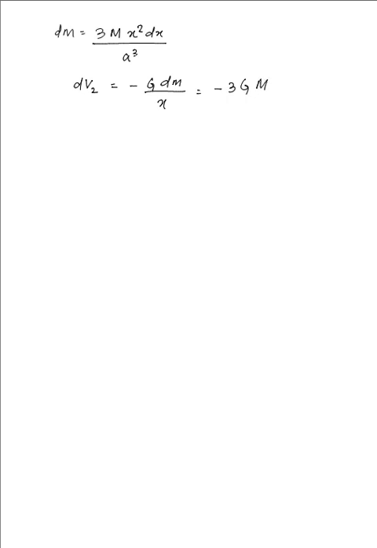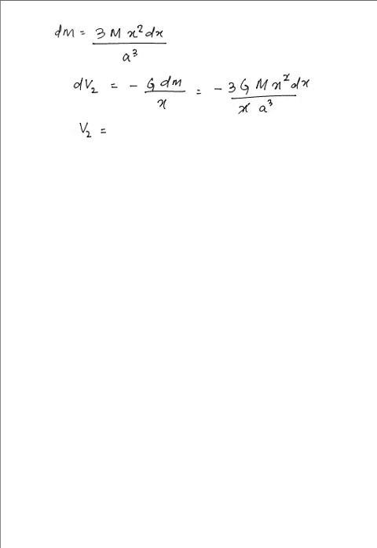Instead of dm, you have the 3 has gone to the other side, and m x squared dx divided by, and there was one x over here and a cube, so one of the x can get cancelled out. You have x dx. Now this is to be integrated in order to find v2.